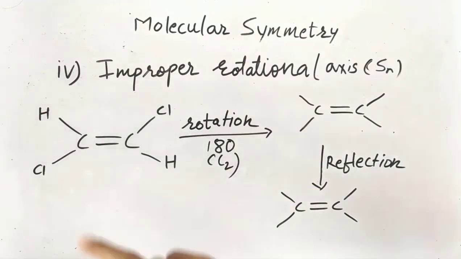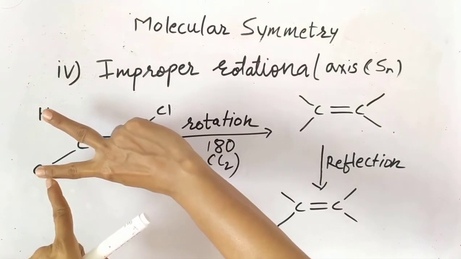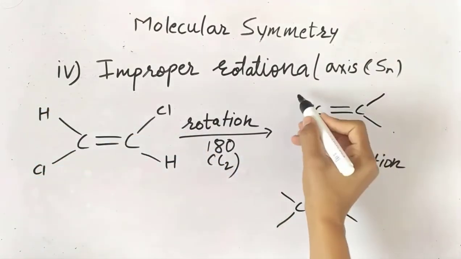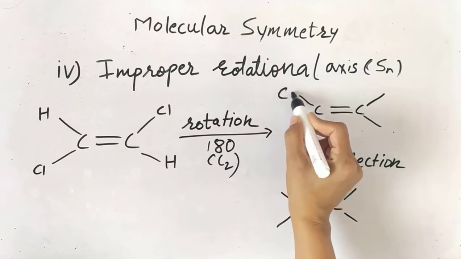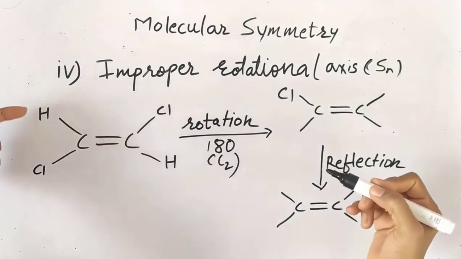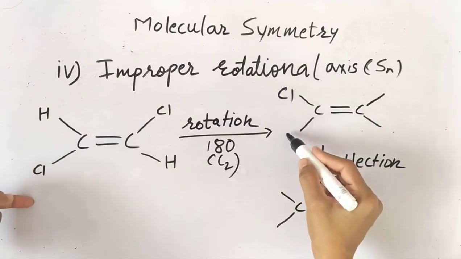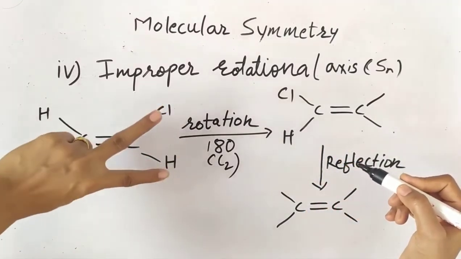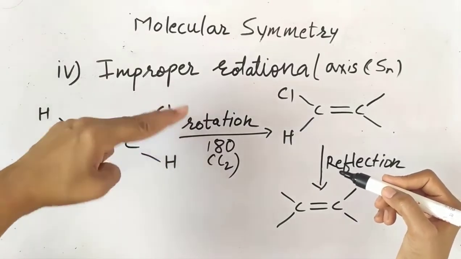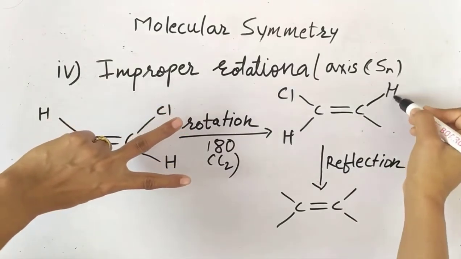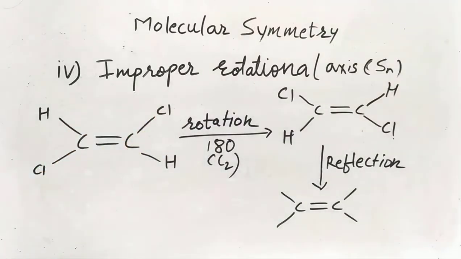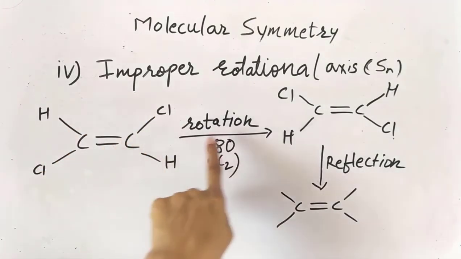Upward. The chlorine atom which was downward will now move in the upward direction. So here I write chlorine. Where will this hydrogen atom go? Down. Again the same is happening here: the hydrogen will go up and the chlorine will come down. This is the hydrogen and this is the chlorine.